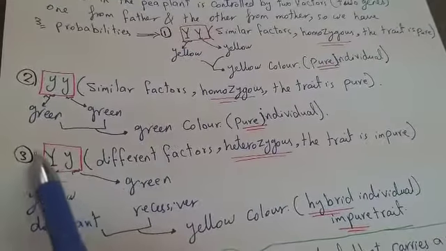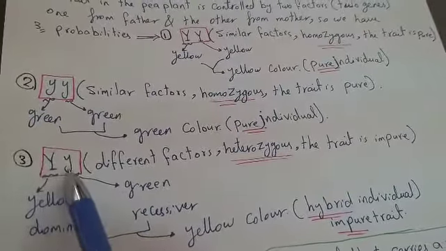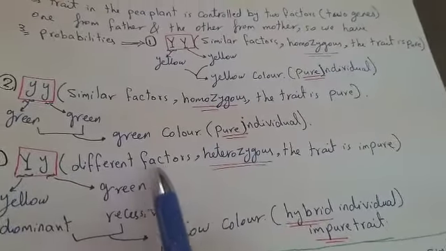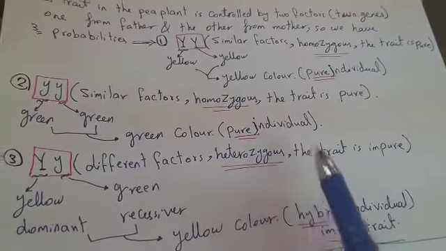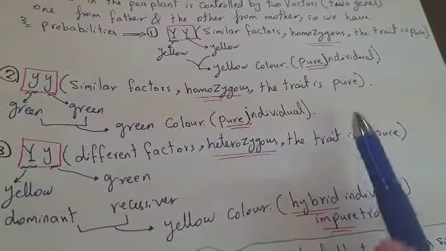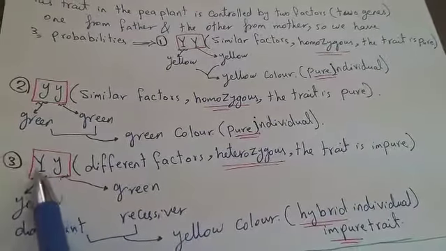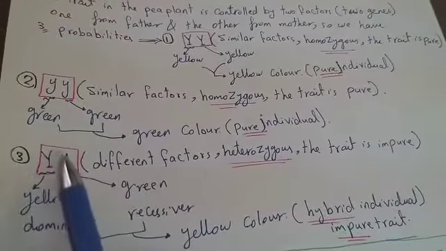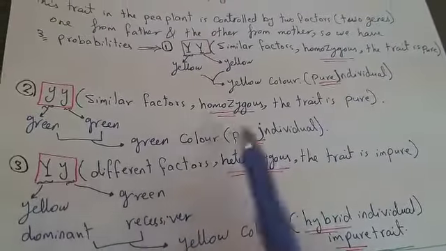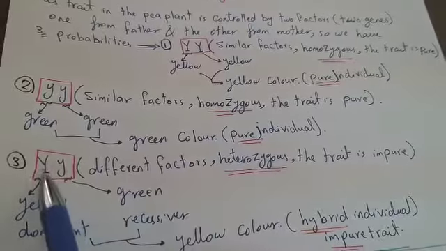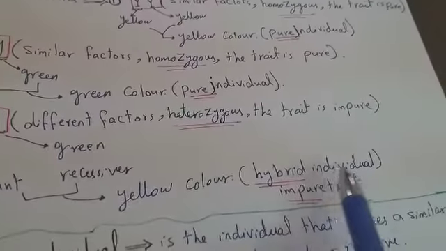So finally they form Y capital, Y small. They are different factors, or heterozygous, or the trait here is not pure, it is impure. So we can't say it's a pure individual like the last ones. No, it is called a hybrid individual.